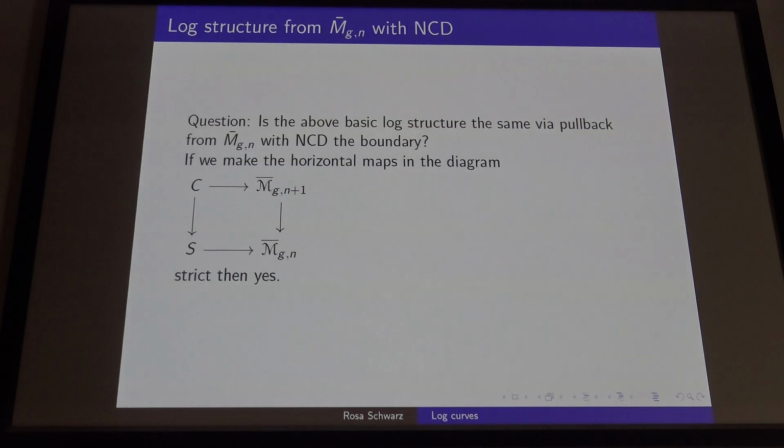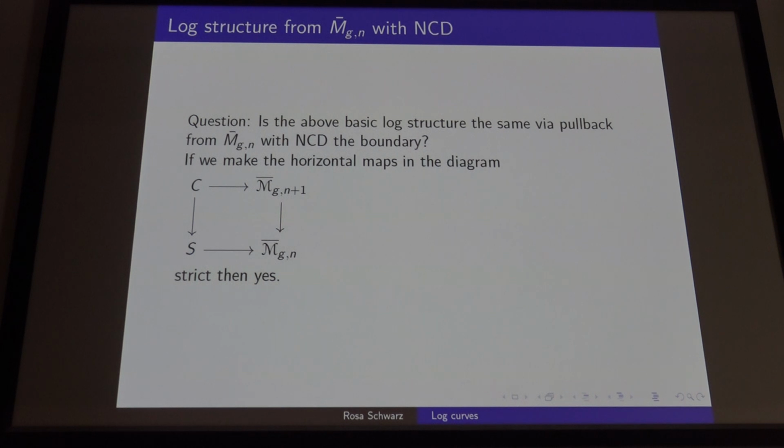And then a question that was basically the reason why David volunteered me for this talk. This is the question that I came across: if you know something about the M_{g,n} bar, the Deligne-Mumford compactification, so this is the moduli space of genus G n-marked curves.